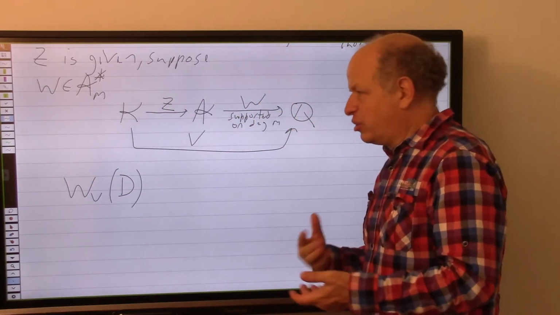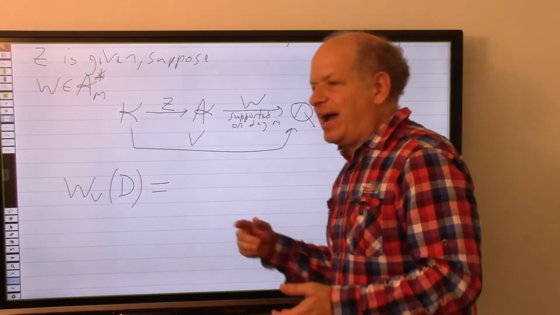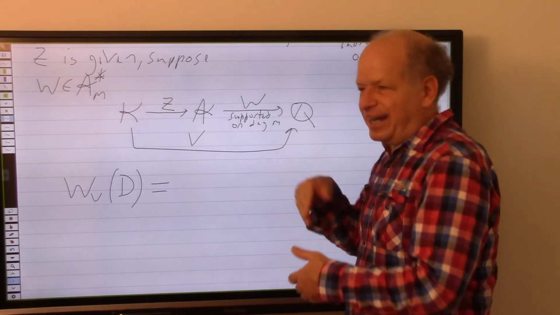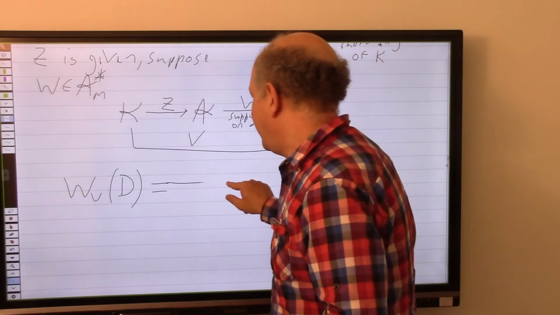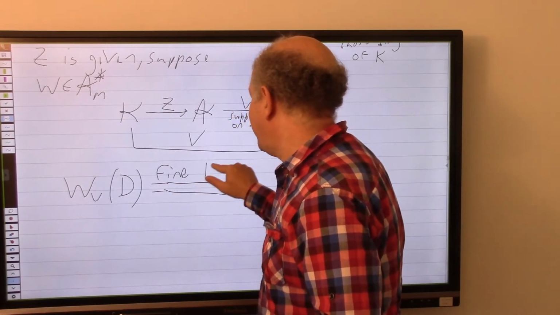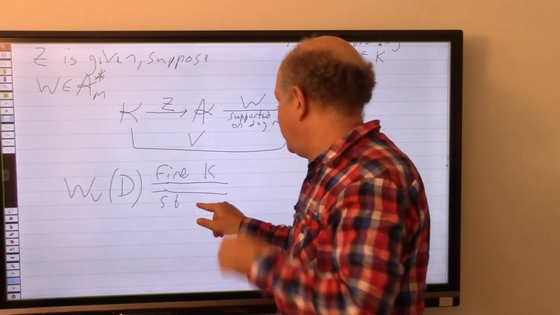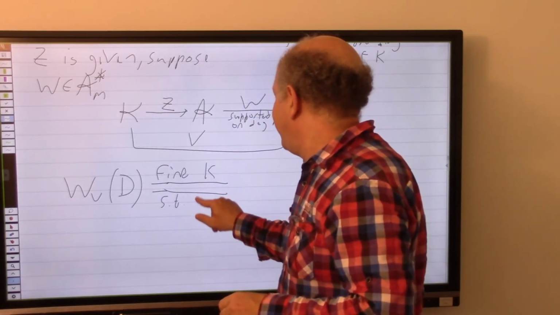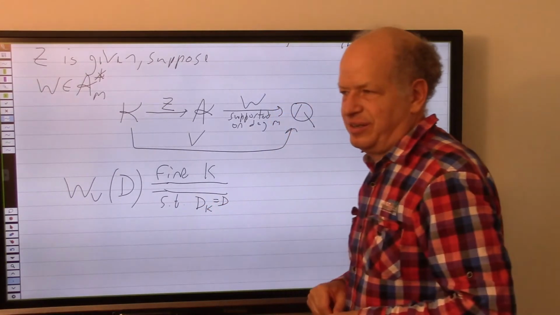On a chord diagram D, right? But how do I compute the weight system of an invariant on a chord diagram? I find a knot whose underlying chord diagram is D. So I find K such that the diagram underlying K is the diagram I have given.